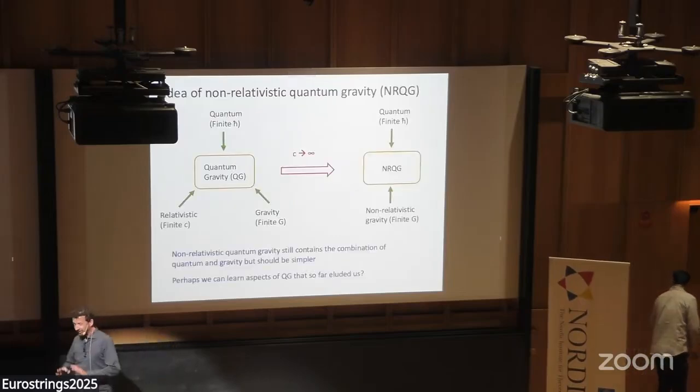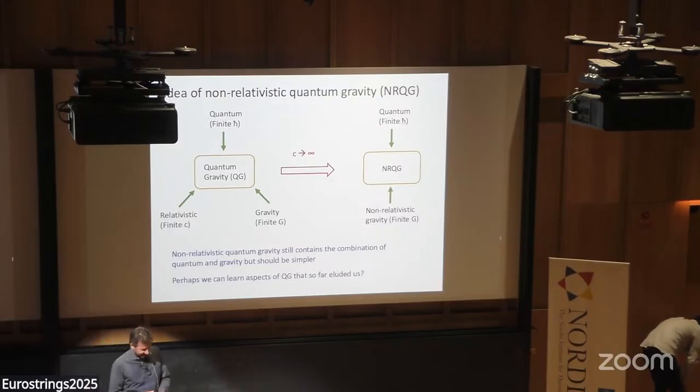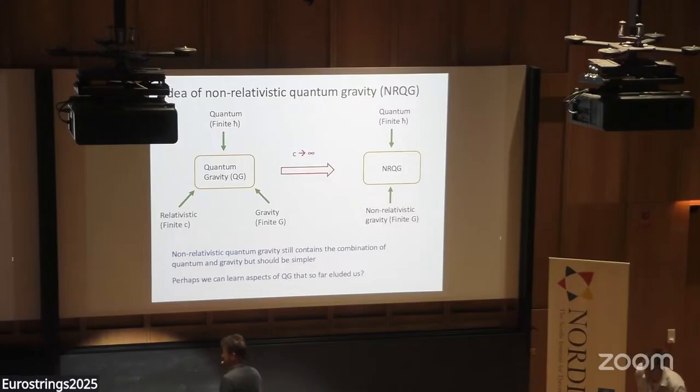So just a very broad introductory slide. Since we are at Eurostrings, we would all like to understand quantum gravity, where you unify relativity and quantum mechanics and gravity all in one beautiful package. But it's not super easy to understand.